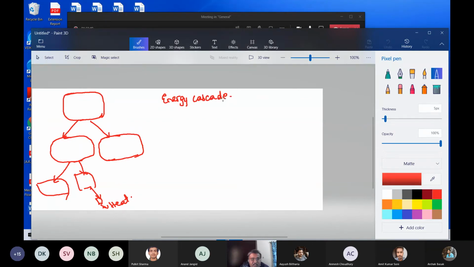It is also known as Richardson's energy cascade, in honor of the person who found this out or proposed this.